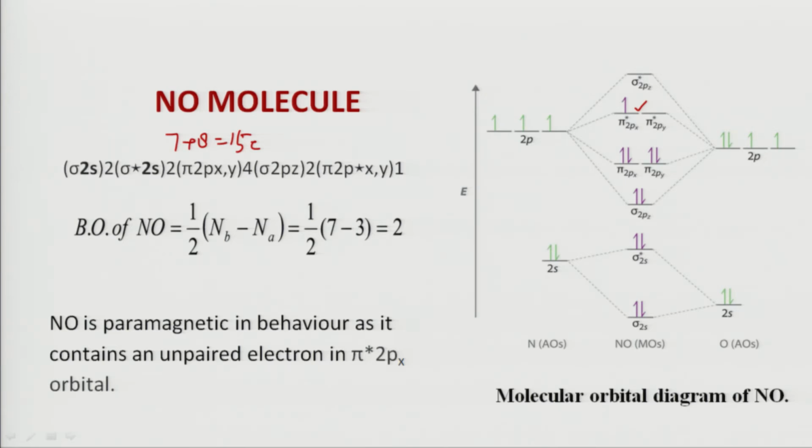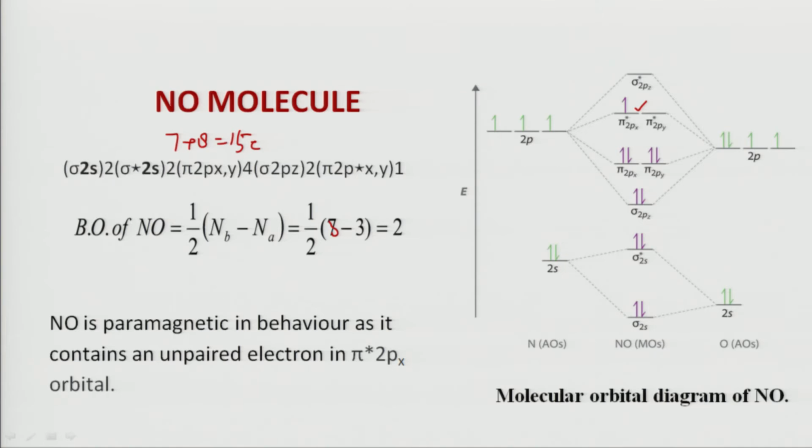Now, let us calculate the bond order. While calculating the bond order, number of bonding electrons minus number of anti-bonding electrons divided by 2 will give us the bond order.